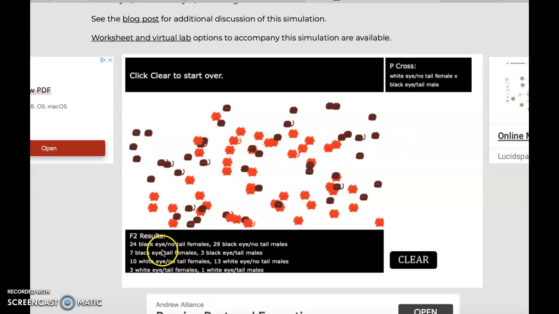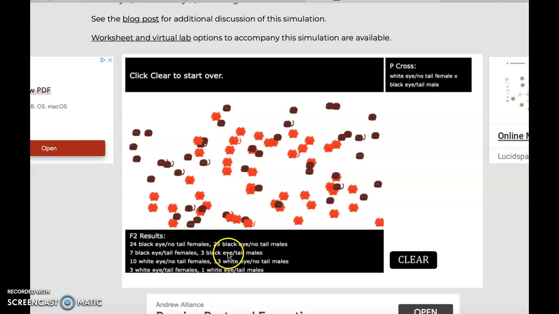And so what you're supposed to do is look at these numbers. So here we have male and female can be counted together because this trait is not being inherited as a sex-linked trait. There's no difference in pattern of inheritance in males and females. So here we have approximately 24 and 29.